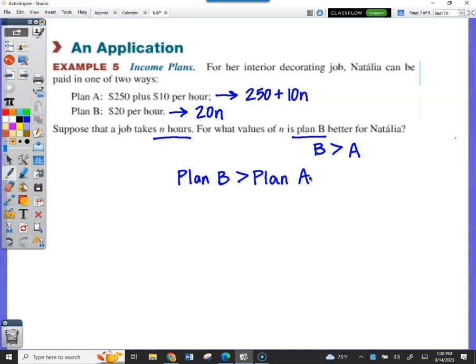The first plan takes care of a small job that took a lot of thought, time, and effort, but the job itself only took an hour or so, you know what I mean?